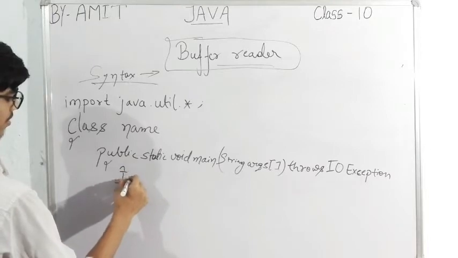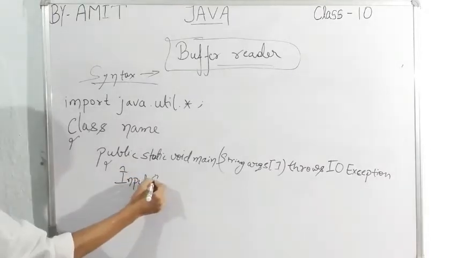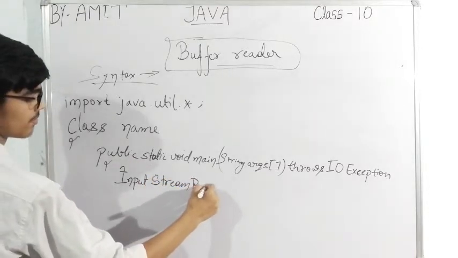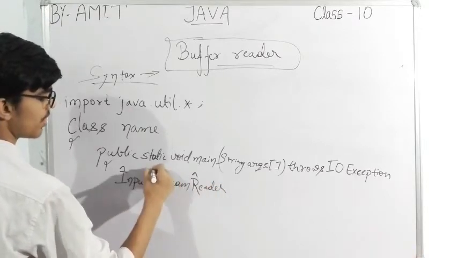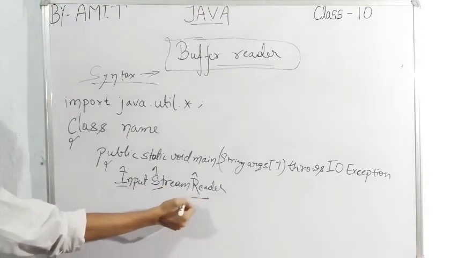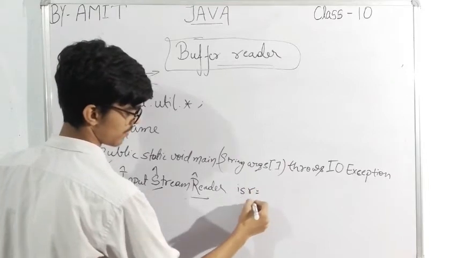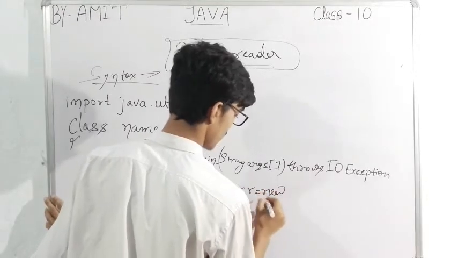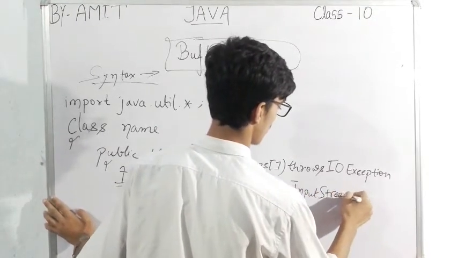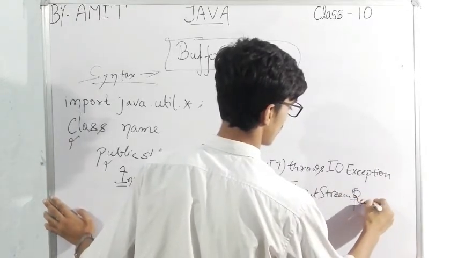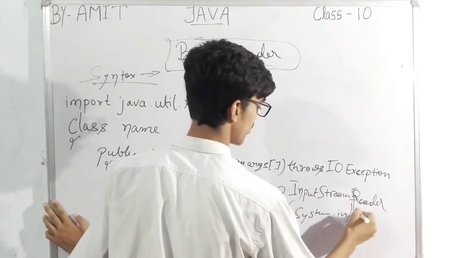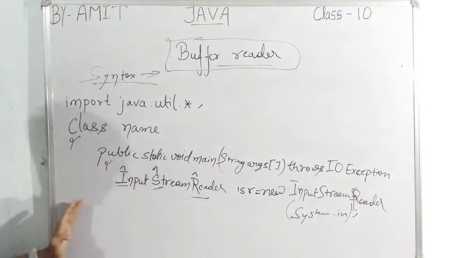Capital I, input, stream, with capital S, and reader with capital R: InputStreamReader. New InputStreamReader(System.in).